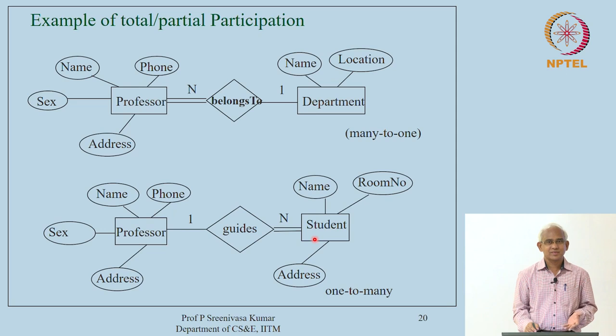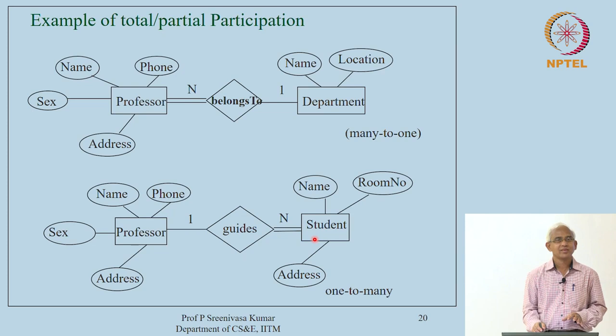So if the institute policy is that every student must have a guide whether he likes it or not, then the student has total participation in the guides relationship. You can see that every student has to be in some tuple of this guides relationship, whereas a professor might not be guiding any student at all.